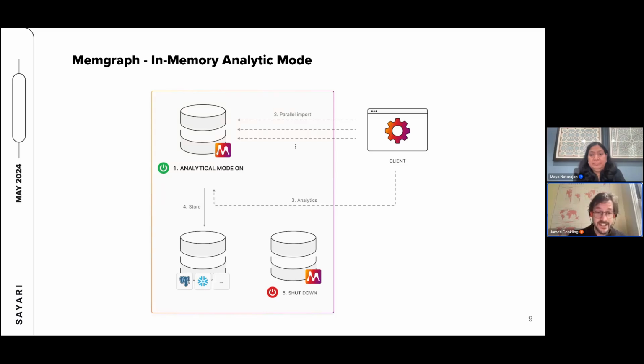For us, this can be the client itself, and the big caveat is if you're running read-only workloads, you can expose an analytic database directly to the end user.